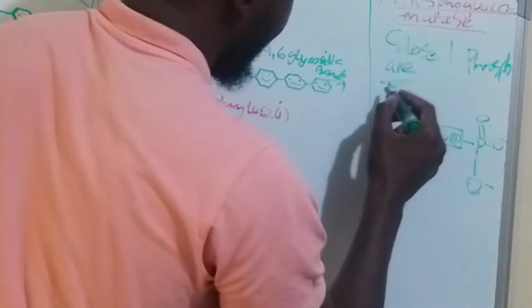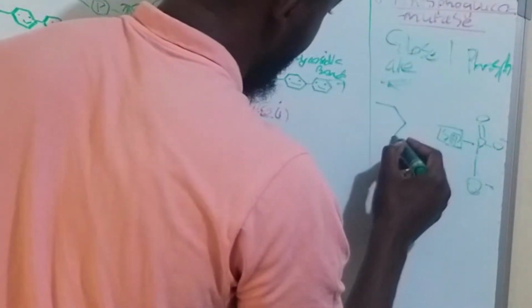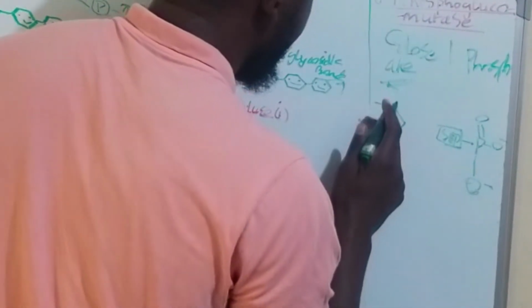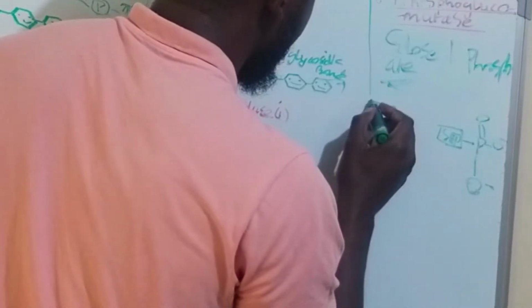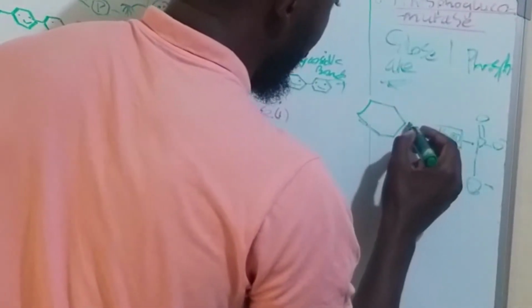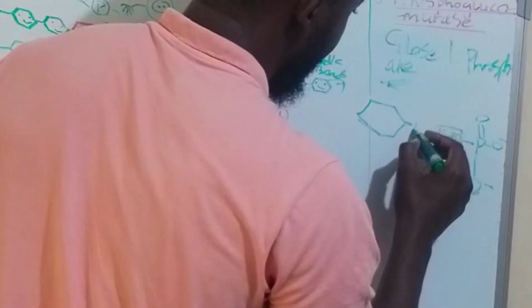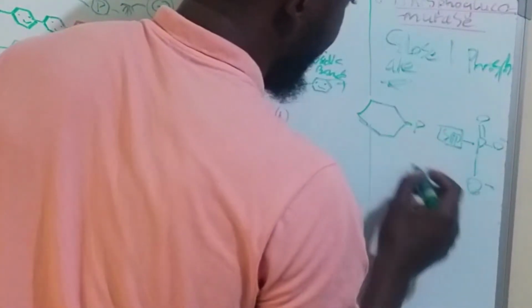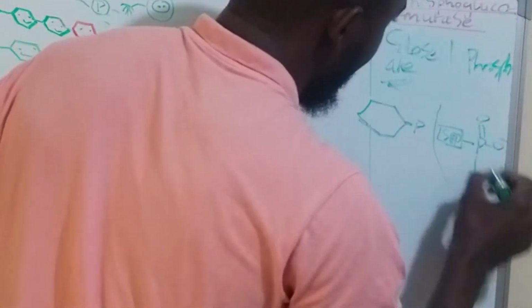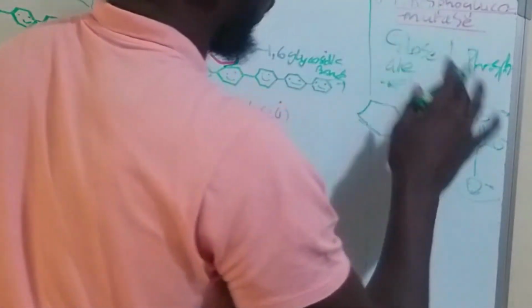Again, we have this glucose 1 phosphate. Let me quickly and roughly draw it. The glucose 1 phosphate here, so the phosphate is somewhere here, and this here is our phosphoglucomutase.